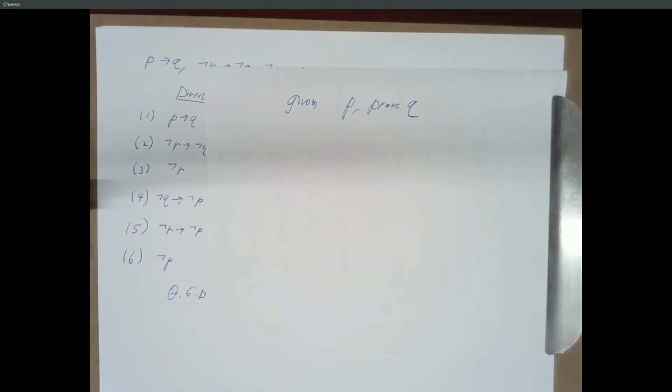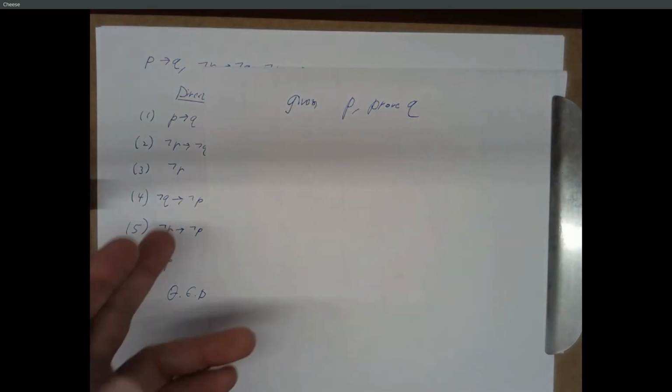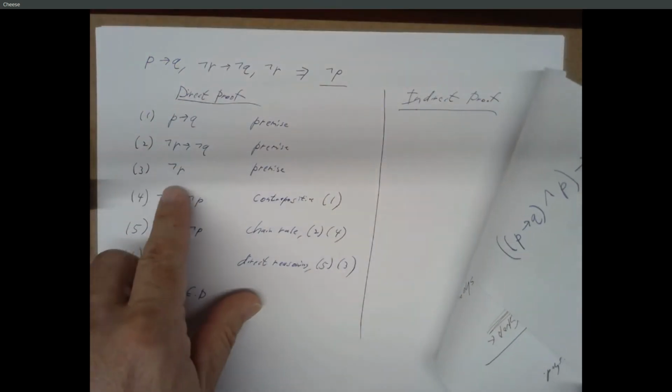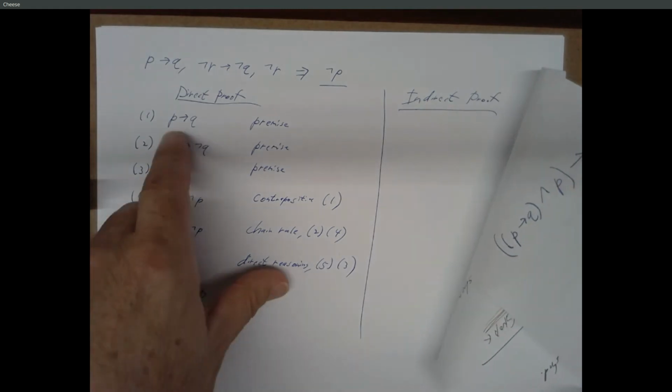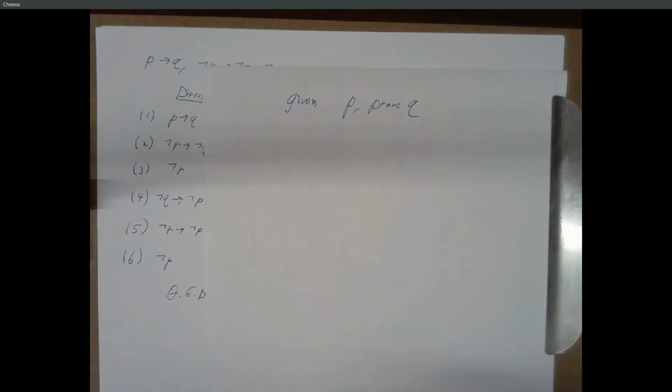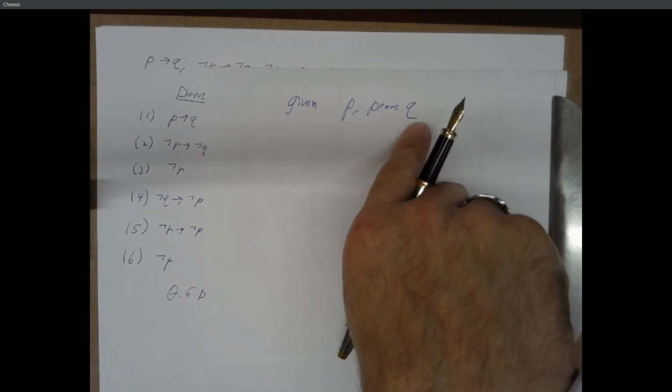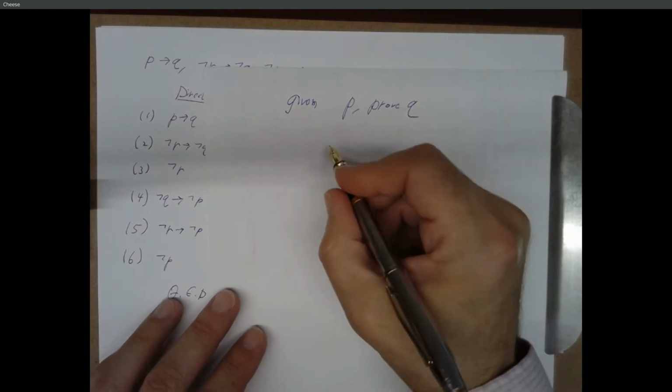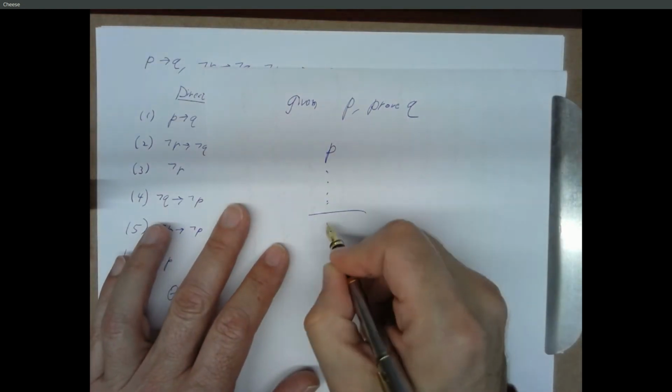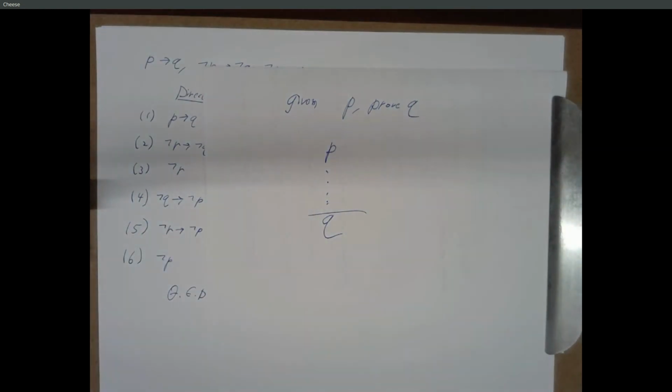We're given P, which might be, this thing is true and this thing is true and this thing is true. I wouldn't call it P because P means this thing. But I'm given some proposition that I'm taking as being true, and I want to conclude from that some other proposition Q is true. So I want to start with P and do some stuff and eventually conclude Q. That's the direct approach. There's a different way I can do this.